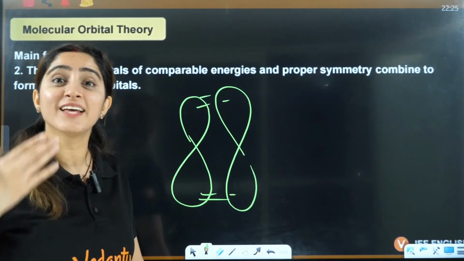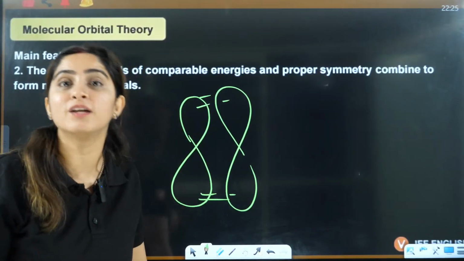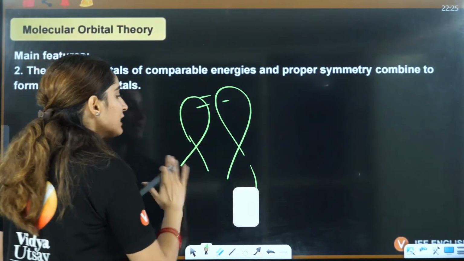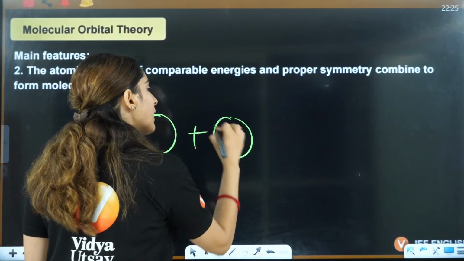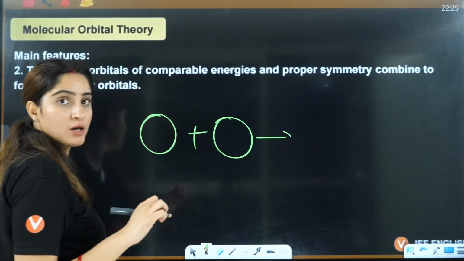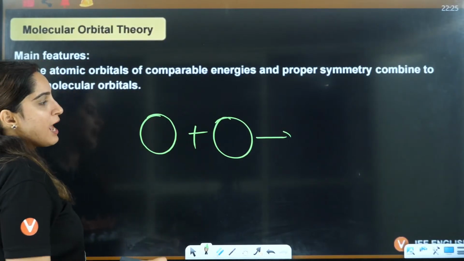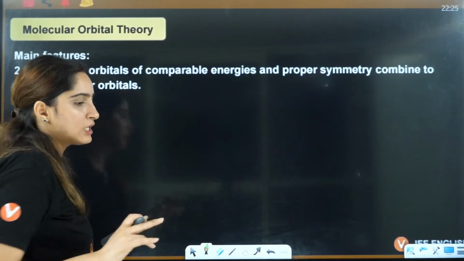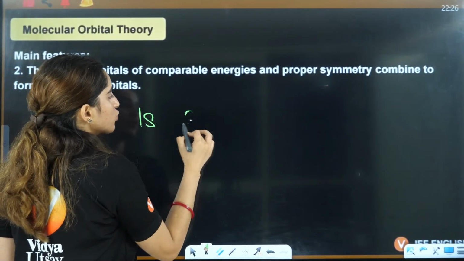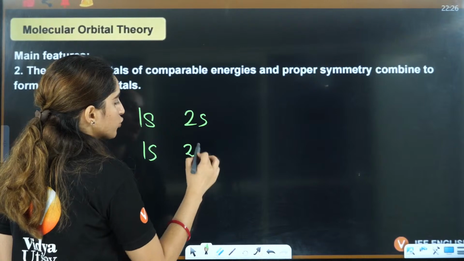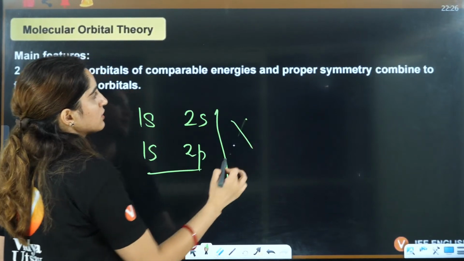Now we are discussing that they form a new orbital, right? Two atomic orbitals, when they combine, will form a molecular orbital. And it's not like 1s can combine with 2s or 1s can combine with 2p. Not possible, right?